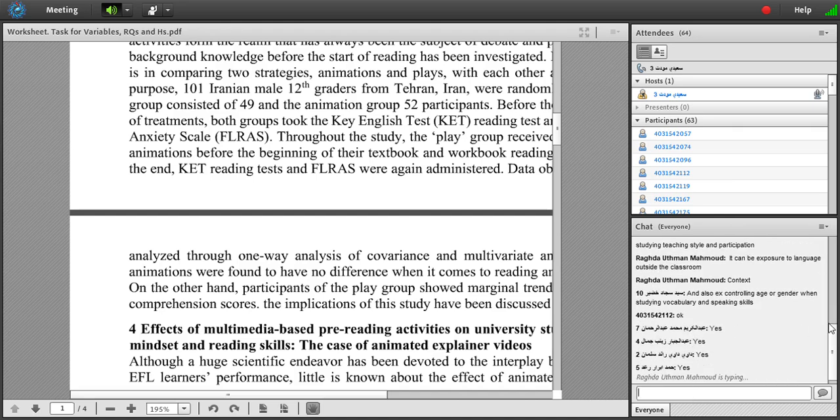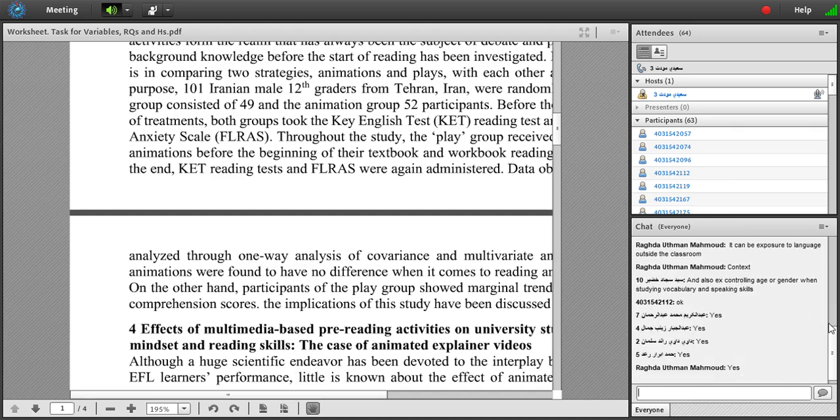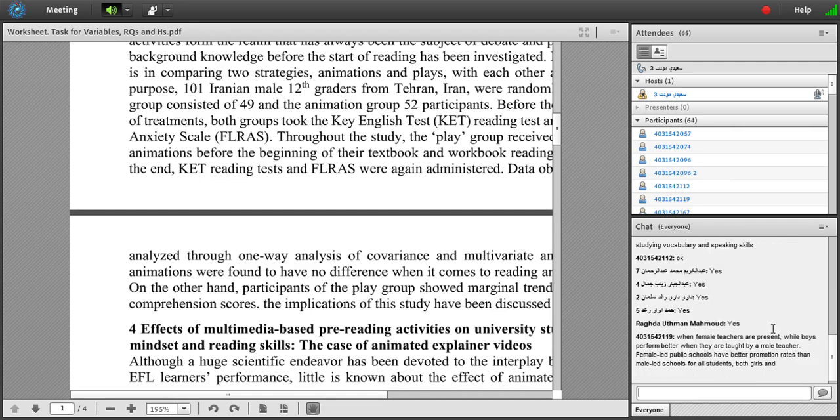Okay, good. So look, we have a research topic here. It is investigating, look, this one: girls perform better when female teachers are present, while boys perform better when they are taught by a male teacher. Yeah, exactly. The gender of the teacher can influence the performance of the students.